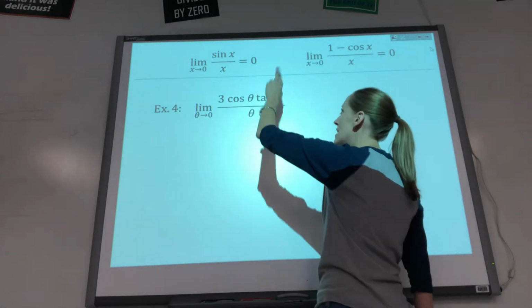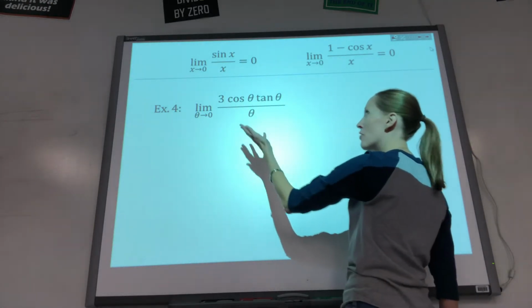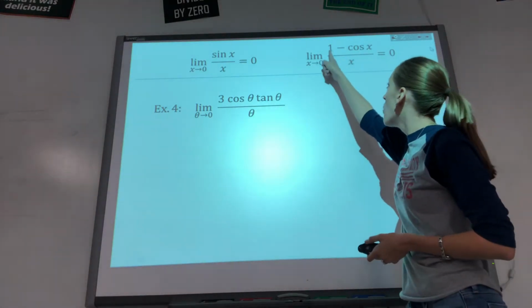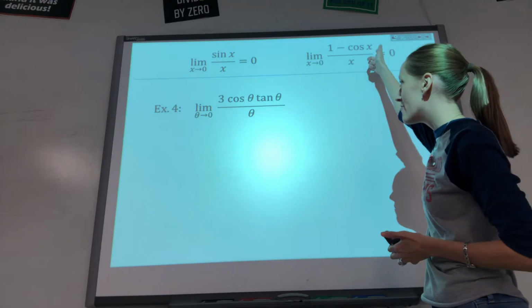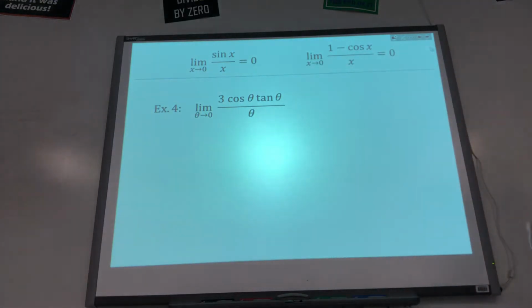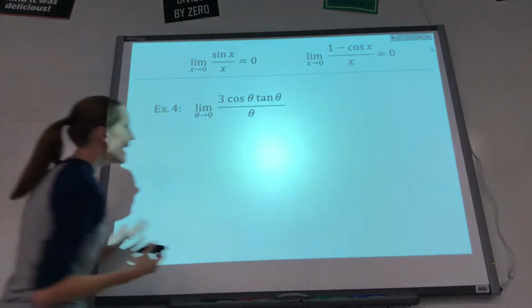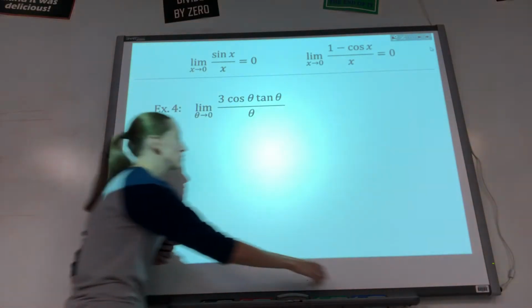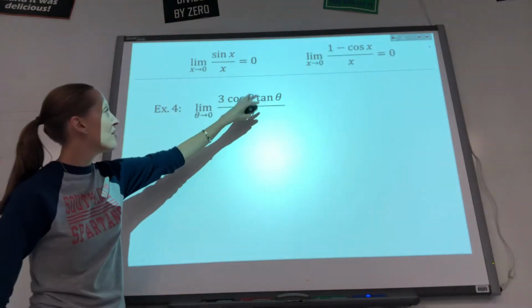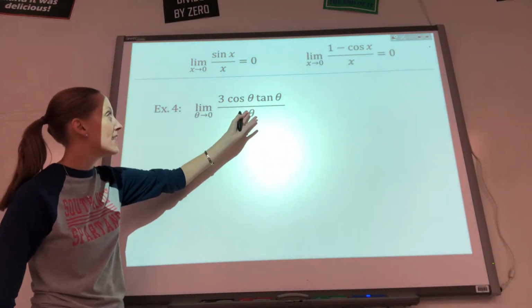I don't see sine of theta over theta, and I also don't see 1 minus cosine of theta over theta. I have cosine, but you're not subtracting it from 1. It's not matching up to either of those. So that tells me maybe I have to use some other trig identity to get this simplified.